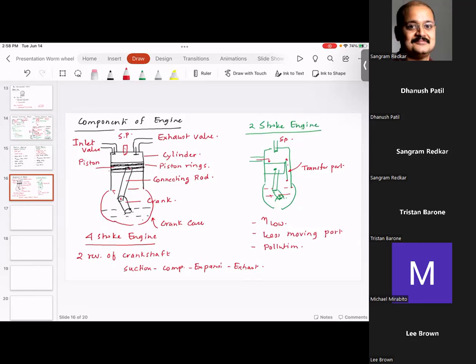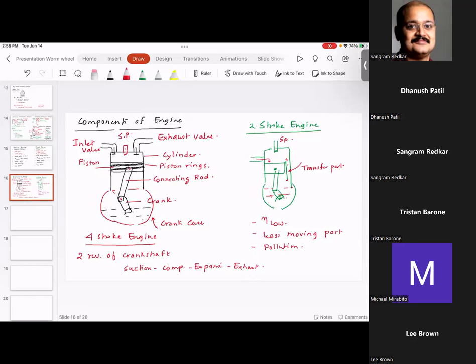Two-stroke engines are used typically for small-scale applications. For example, if you look at the weed whacker engine, or the old moped engines, or the old generator engines, those are all two-stroke engines. So two-stroke engines are commonly used for low power applications.